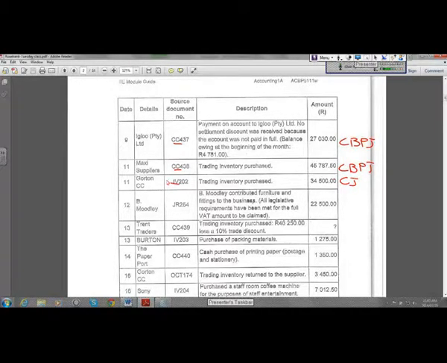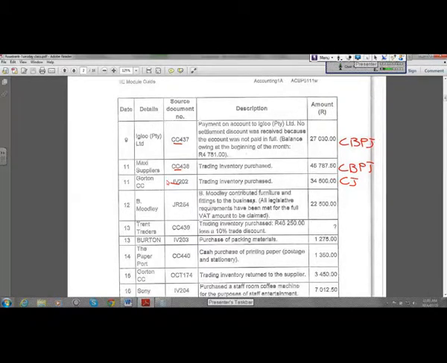Now we come to a strange document. Let's see this. They say, B Moodley contributed furniture and fittings to the business. All legislative requirements have been met for the full VAT amount to be claimed.